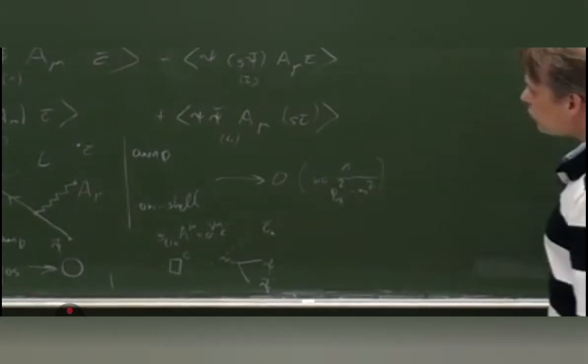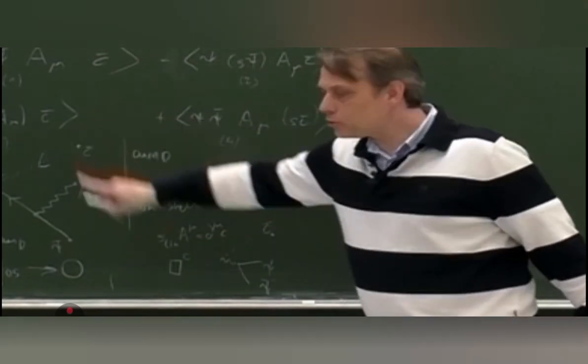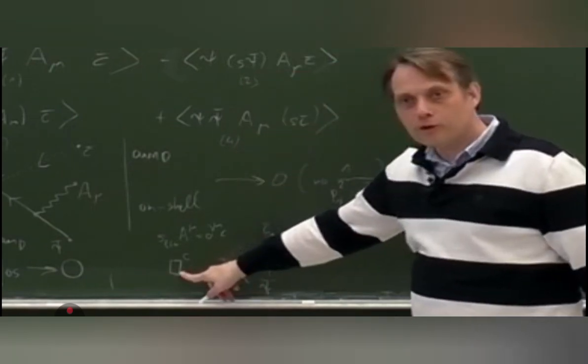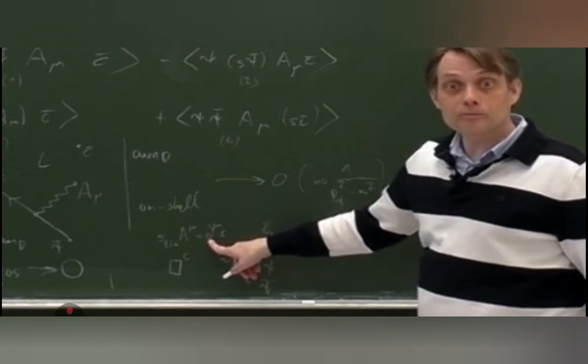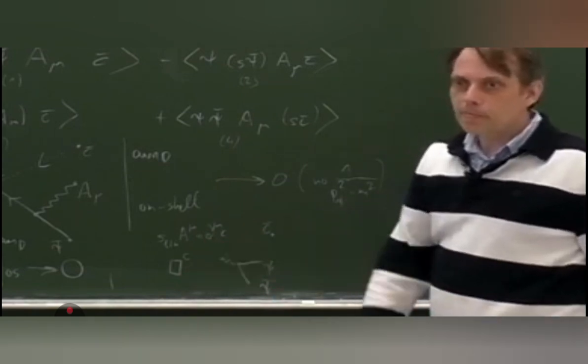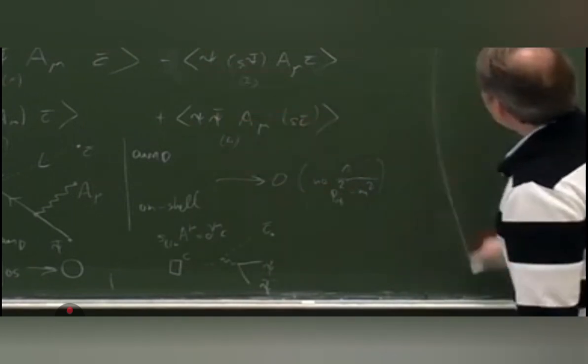Okay, so this is our term 3. Our term 3, therefore, contains this Feynman diagram, but with a small modification, namely multiplied with the ghost momentum. That is exactly what appears in the Slavnov-Taylor identity: K mu times m. Now diagram 4.